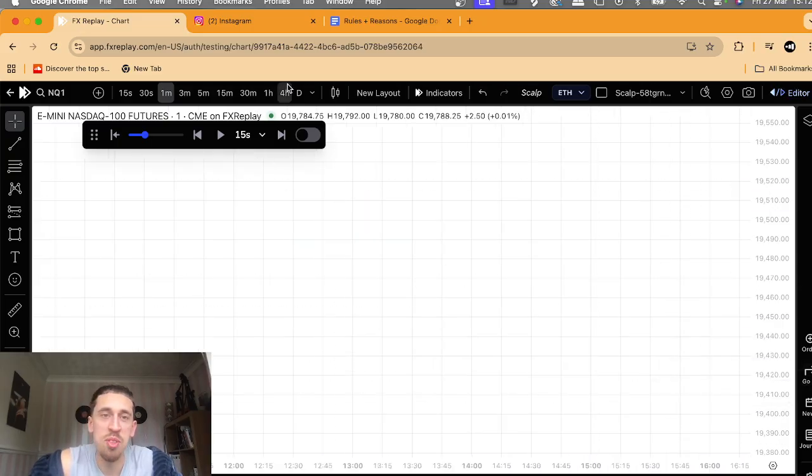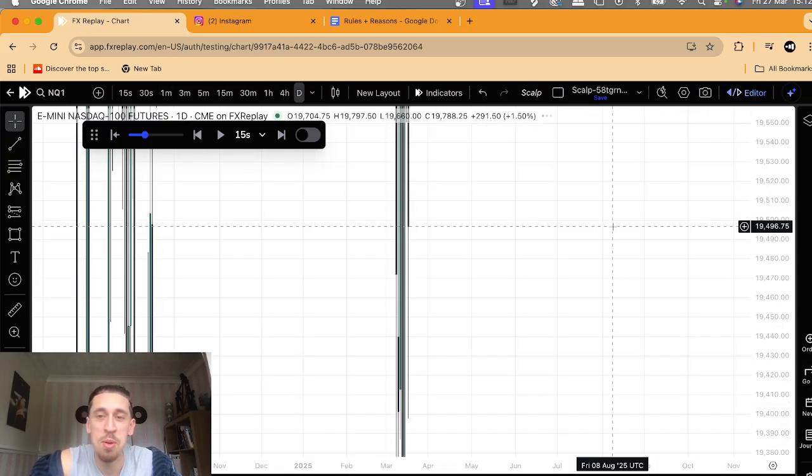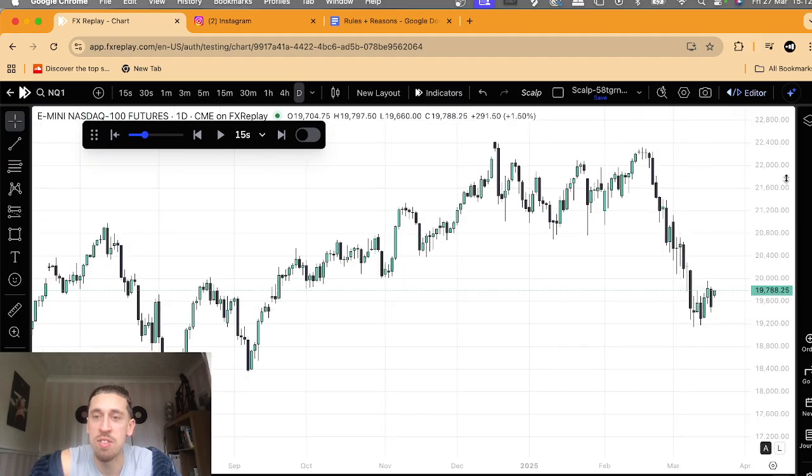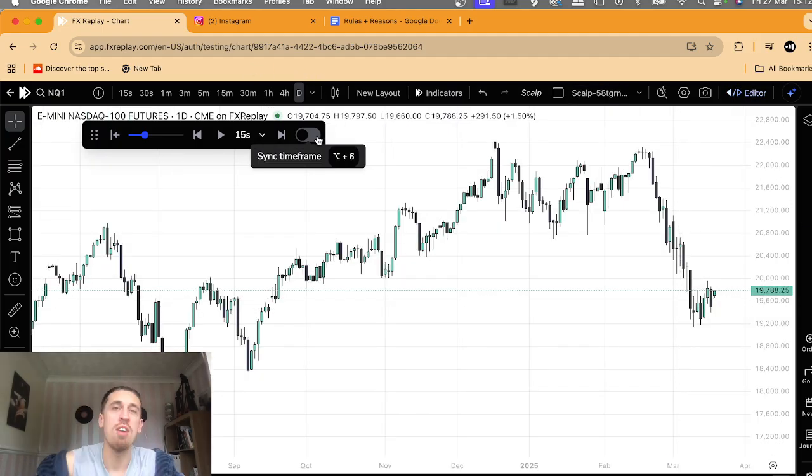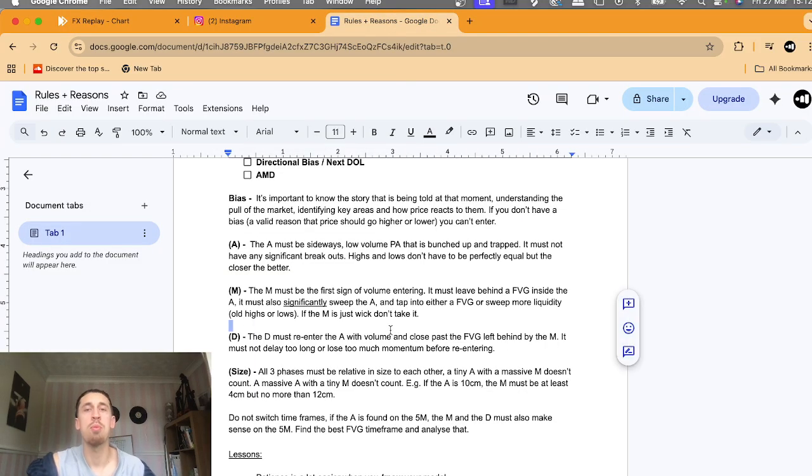But what I need to do is remember the origins of this strategy, and a lot of it comes down to, well, it's not just one thing, but the thing I've been missing at the moment is the volume aspect. And volume in terms of momentum as well.